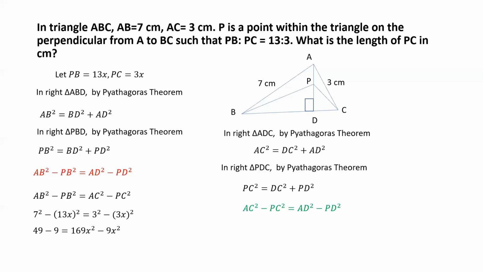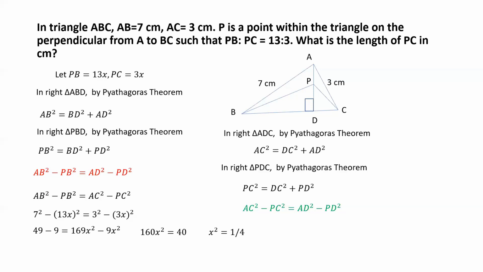And from this, once we rearrange the terms, 49 minus 9 is equal to 169x square minus 9x square. And this comes to 160x square is equal to 40. And from this, we have x square is equal to 1 by 4.